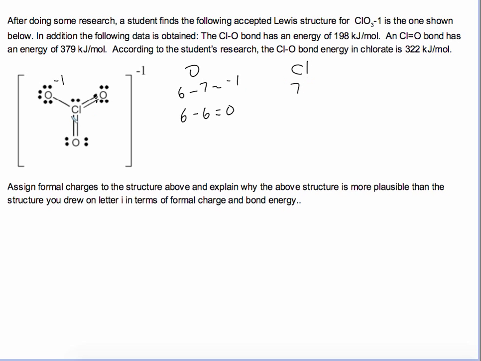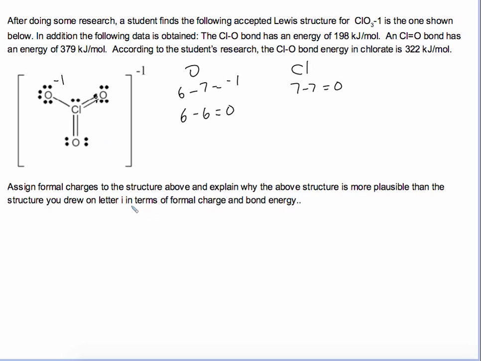Chlorine has 7, and it's showing 1, 2, 3, 4, 5, 6, 7. So 7 minus 7 equals 0. And so that chlorine is 0. Anyway, now the sum of our formal charges equals the charge on the ion. So why is this structure more plausible?